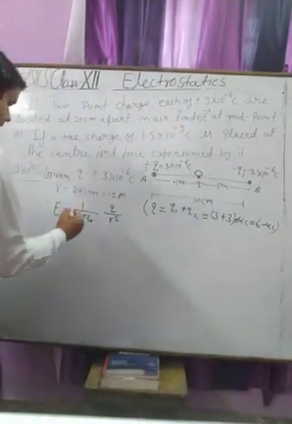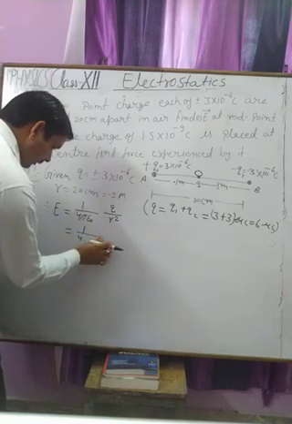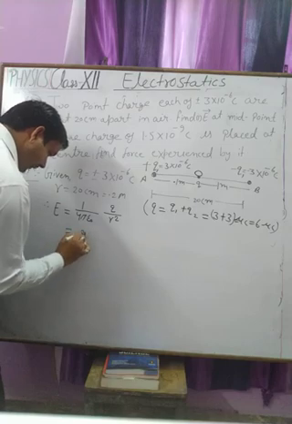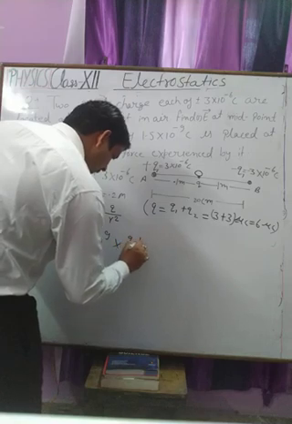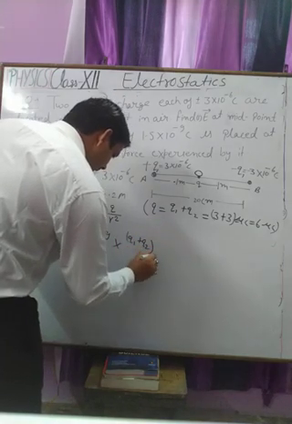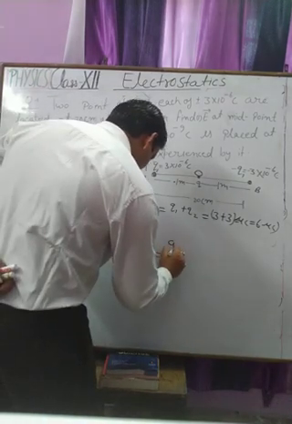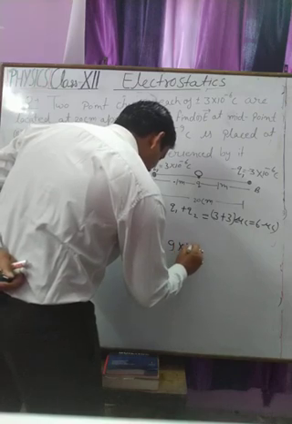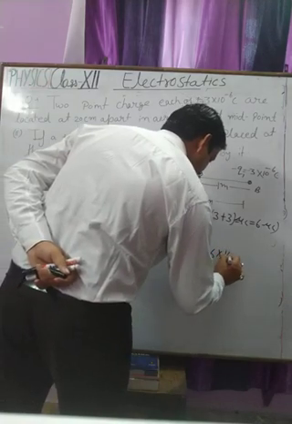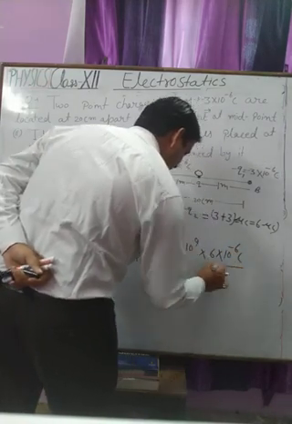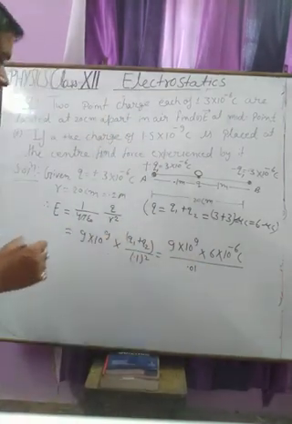So in the same way, 1 upon 4 pi epsilon naught we take directly as 9 into 10 to the power 9, and here Q1 plus Q2 upon 0.1 square. So we have 9 into 10 to the power 9 into 6 into 10 to the power minus 6 coulomb upon 0.01, the square of 0.1.